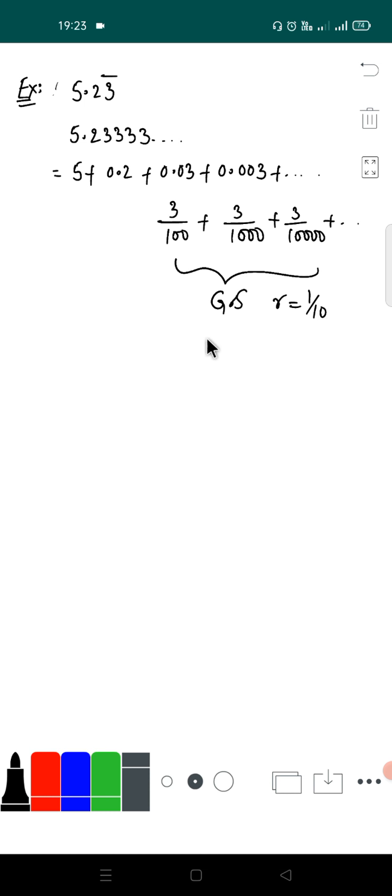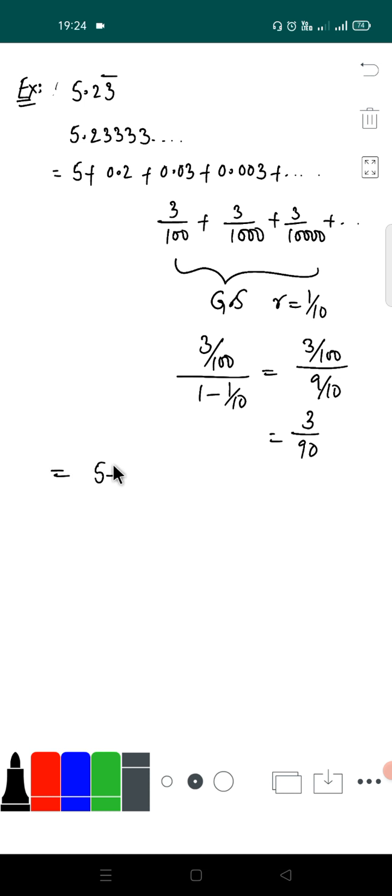So we take the initial term 3 by 100 over 1 minus r, that is 9 by 10. So it becomes 3 by 90.